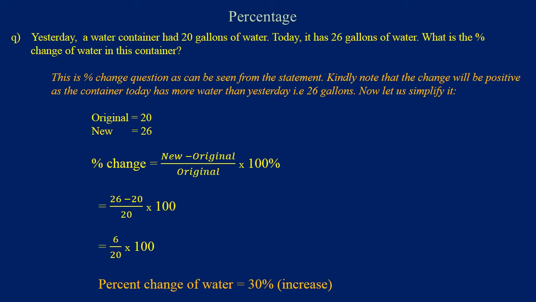No sign means positive sign. You cannot pick the negative. You cannot pick 30% with a negative sign because it is a percentage increase, right? So kindly be careful about these things. Be very, very wary about these little things, because your carelessness would cost you 1 mark. So you should be very, very careful and very, very smart in answering your question, right?